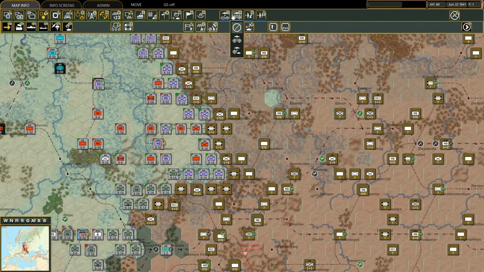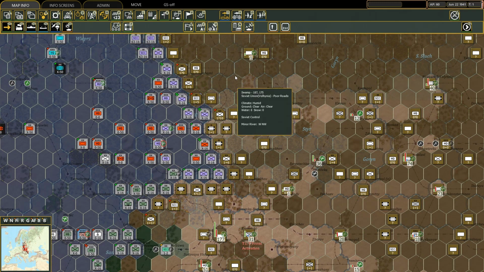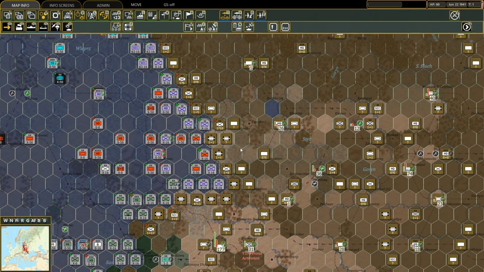You gain this by conducting combat recon missions, which are performed by recon planes during the air execution phase, and the goal is to gather as much information as possible from enemy units. Why is this? Because during the ground battle, the combat value of the attacker and the combat value of the defender change based on what you know of the enemy unit.